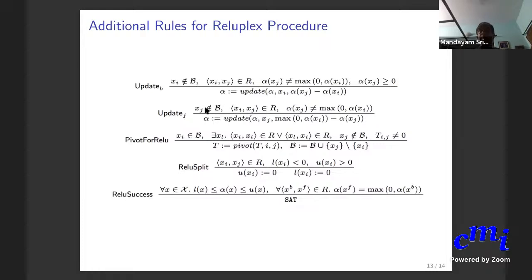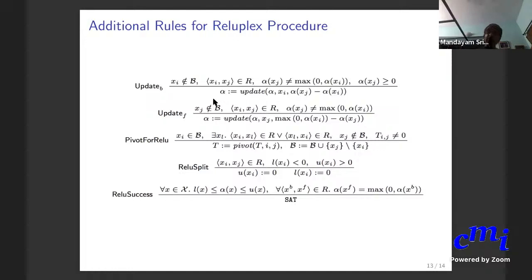If neither of them is non-basic and the ReLU pair is broken, then neither of these update operations is applicable. Therefore, you might get stuck. The ReluPlex might get stuck in the step where you have to fix the broken ReLU pair.